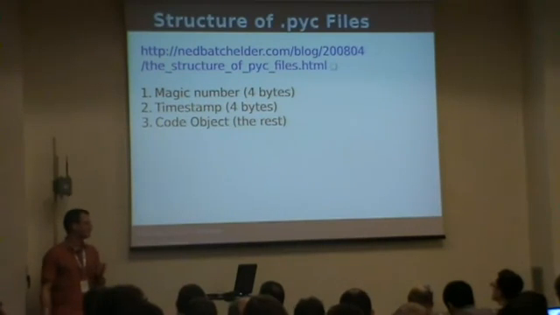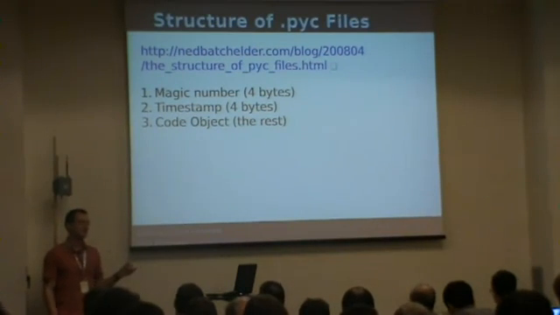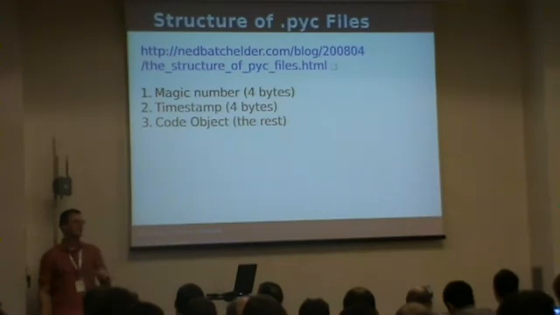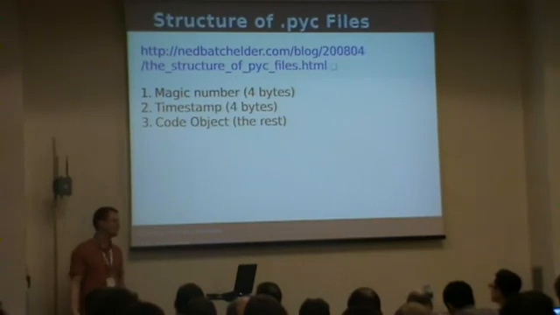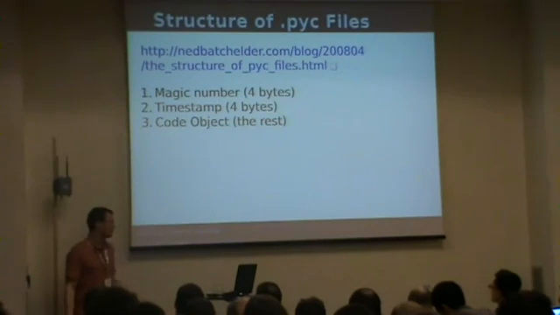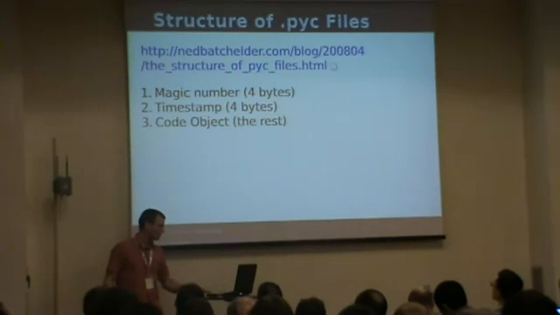The timestamp is also used because Python always looks at the source code first. The timestamp is simply used to check: do I need to recompile the bytecode? Has the source code changed or not? And then the code object is actually what we'll be interested in, as it turns out.